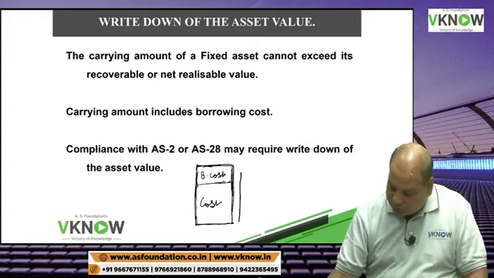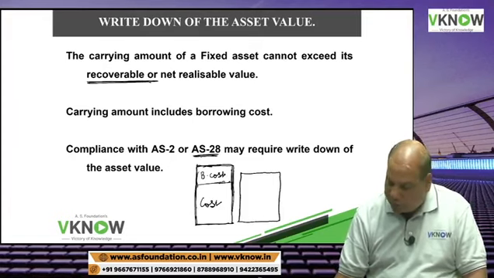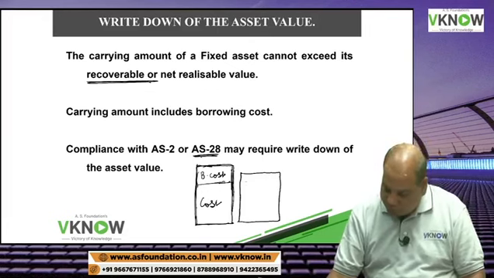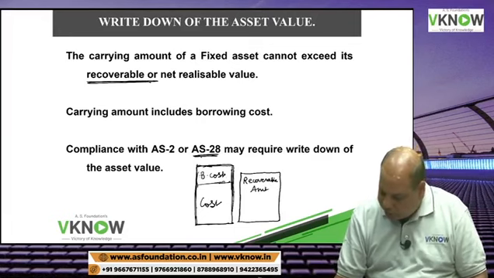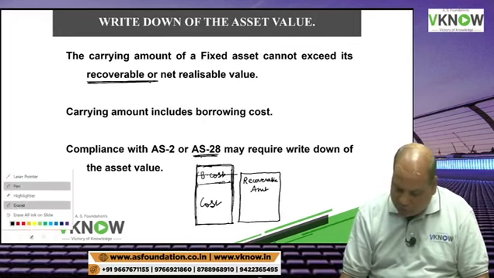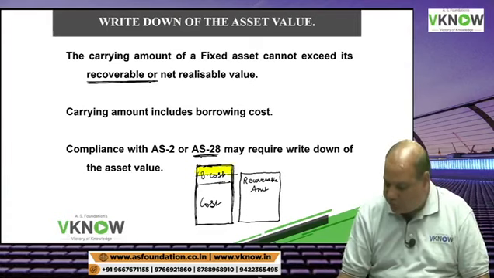Suppose the recoverable amount, which is given in AS28, is this. So carrying amount has exceeded the recoverable amount by this amount, which I am highlighting right now.